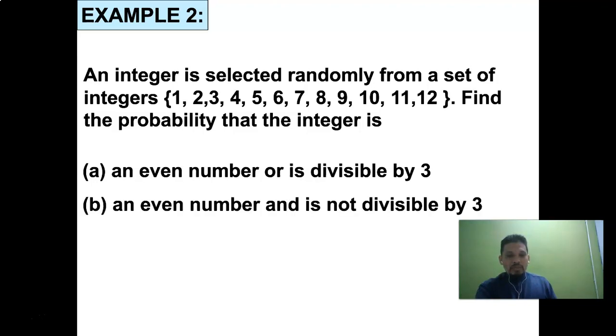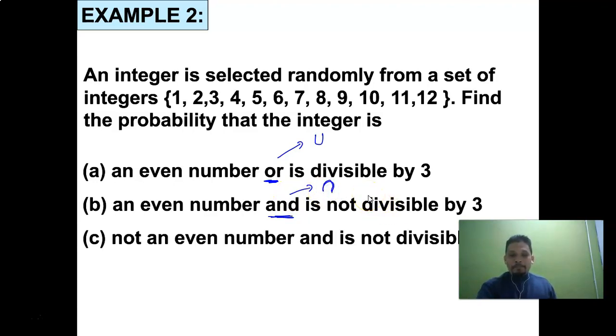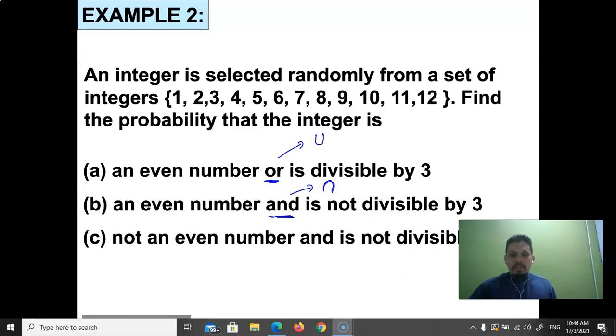Please be careful with the terms 'or' and 'and', because 'or' is represented by the symbol of union and 'and' is represented by the symbol of intersection. 'And' means an even number and divisible by 3.